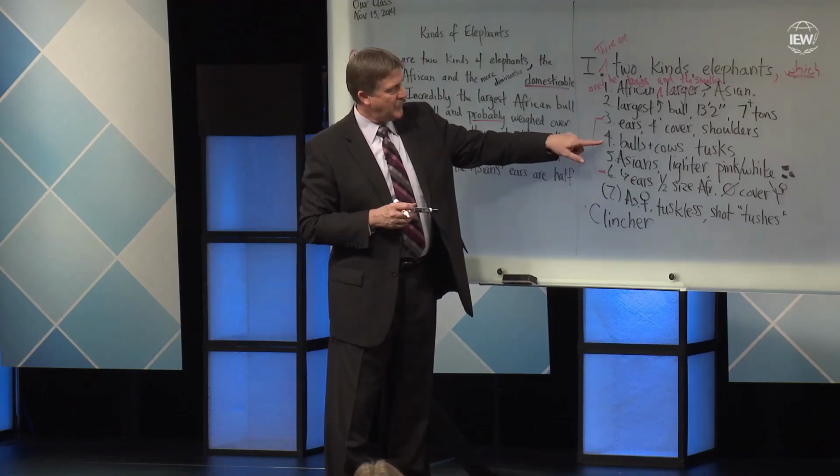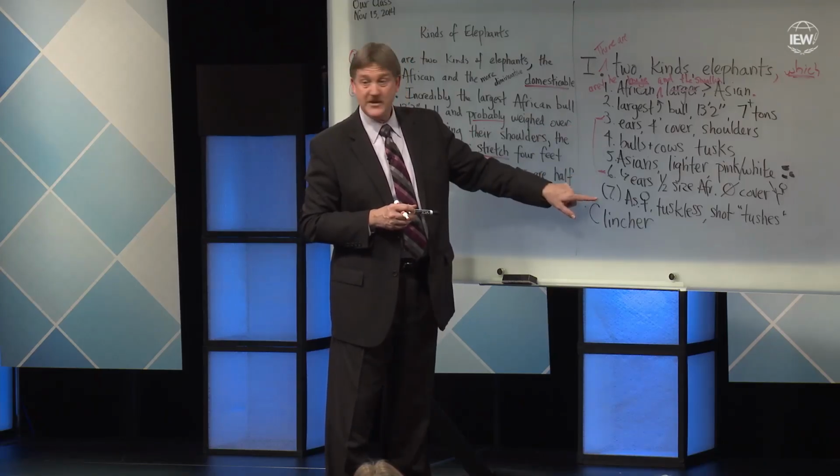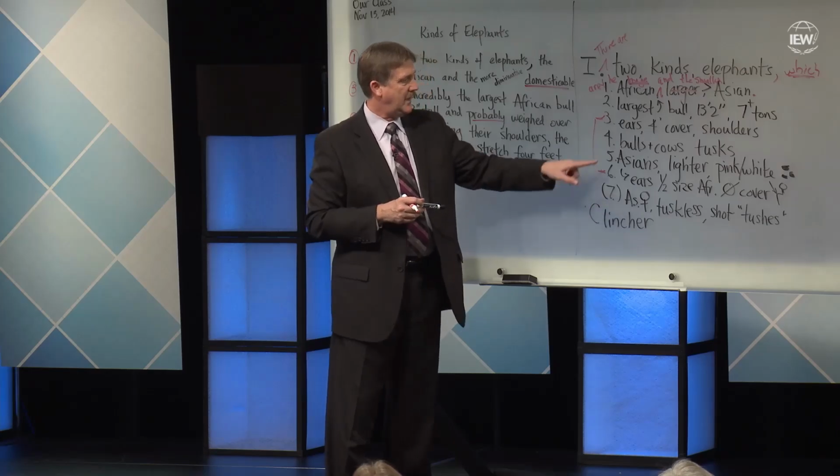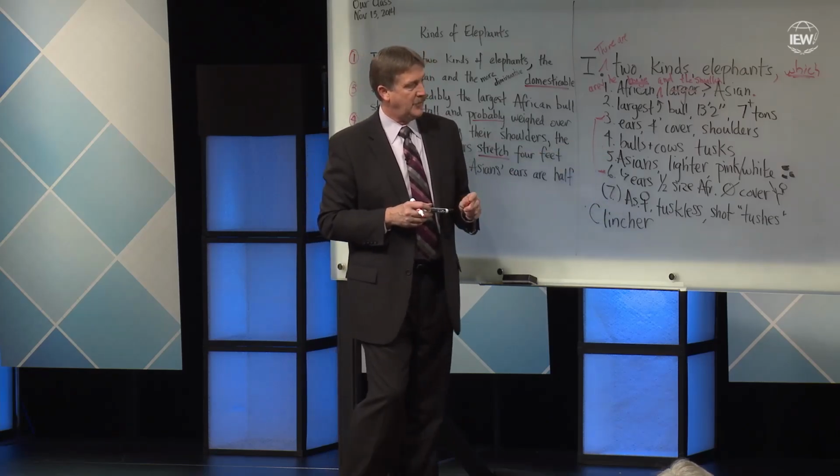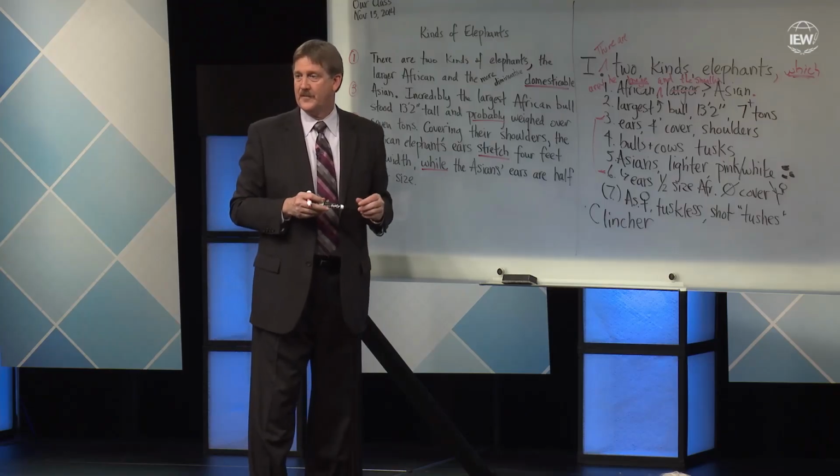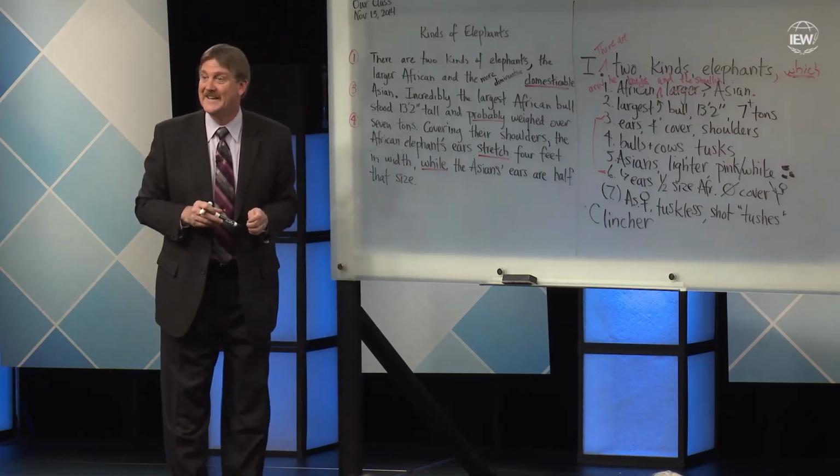The African bulls and cows both have tusks. Asian females don't. Asians have the lighter pink-white spotted skin. So, yes?